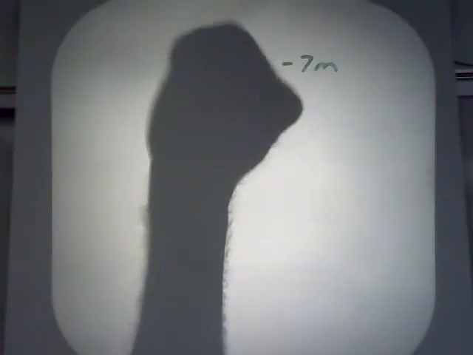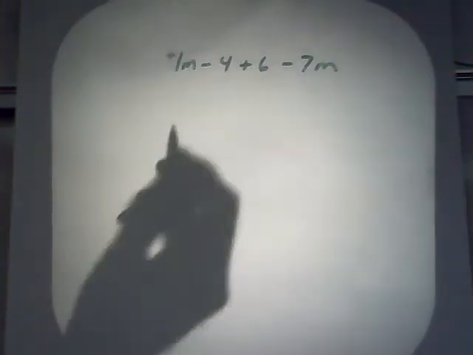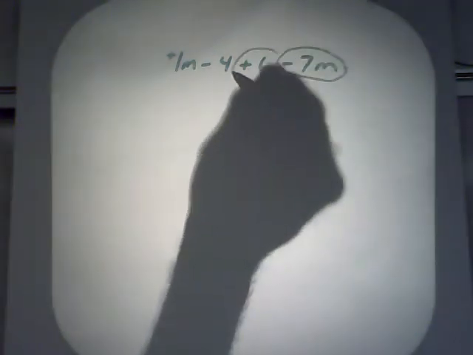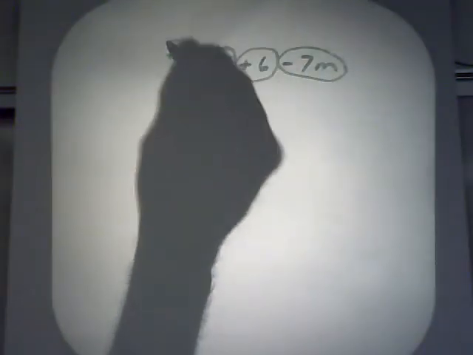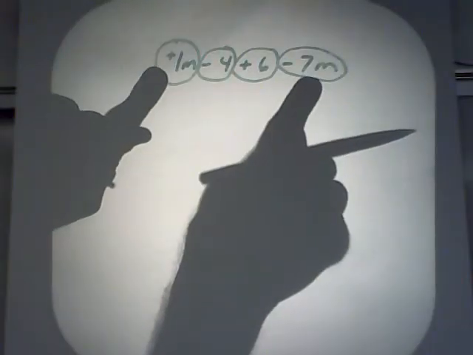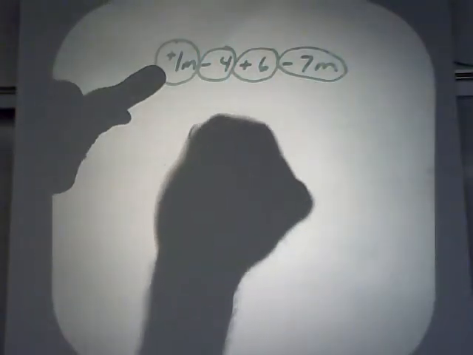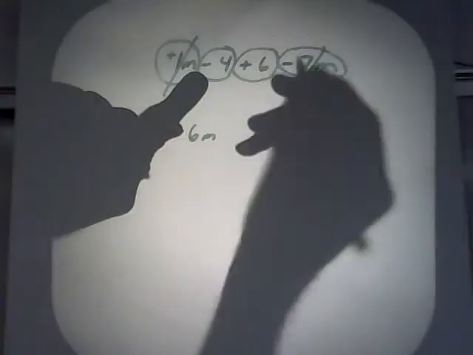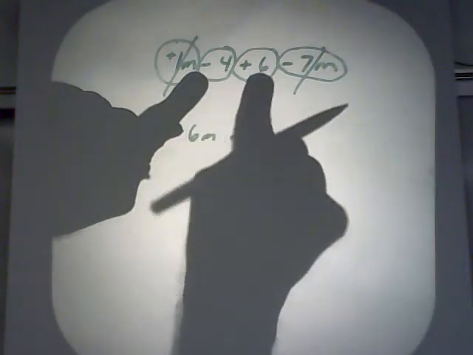And I got one lonely letter, and I got a missing sign. So we circle our terms. Okay, I got a negative 7m and a positive 1m. My signs are different. Subtract. Keep the sign of the bigger looking number. Did you get a negative 6m? Okay. My signs are different. Subtract. Keep the sign of the bigger looking number. Did you get a positive 2?